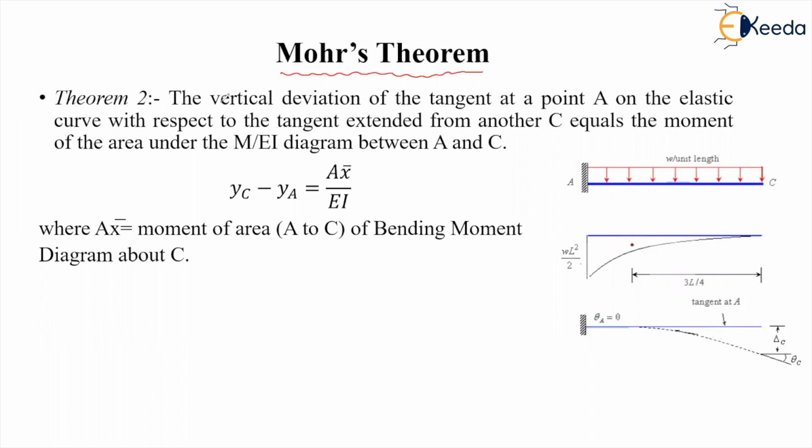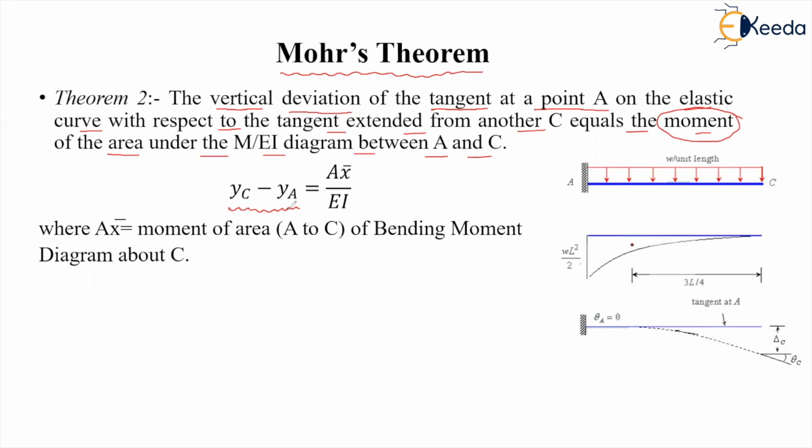In this theorem, it is given that the vertical deviation, remember that this is the vertical deviation, of the tangent at a point, say A, on the elastic curve with respect to the tangent extended from another point, say C, equals the moment of the area under the M by EI diagram between A and C.